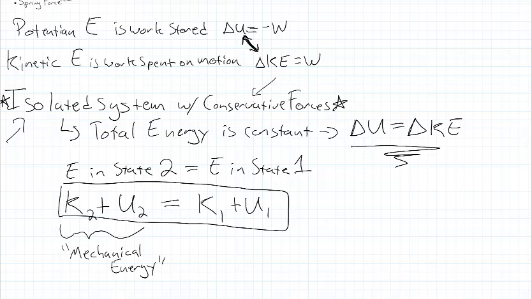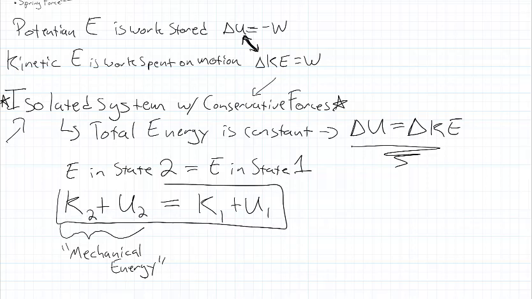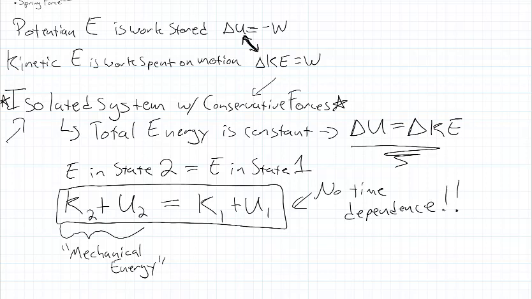So that's going to be something that we return to pretty often and build upon: this idea of our final energetic state equaling our initial energetic state. And one thing that's really important here is that this has no time dependence. So it doesn't matter how long it takes to get from one energetic state to another.